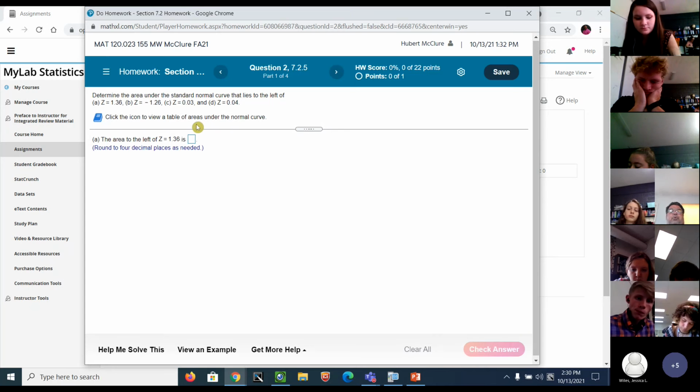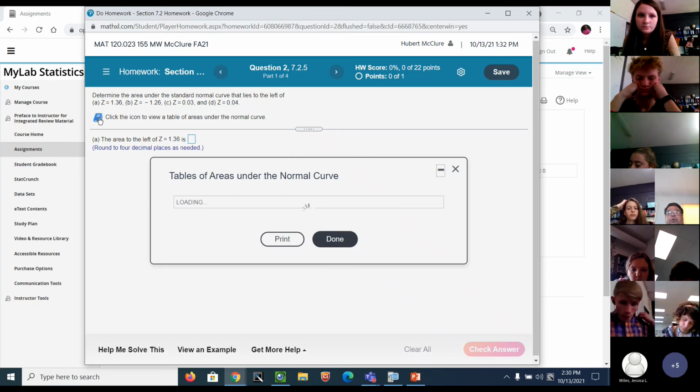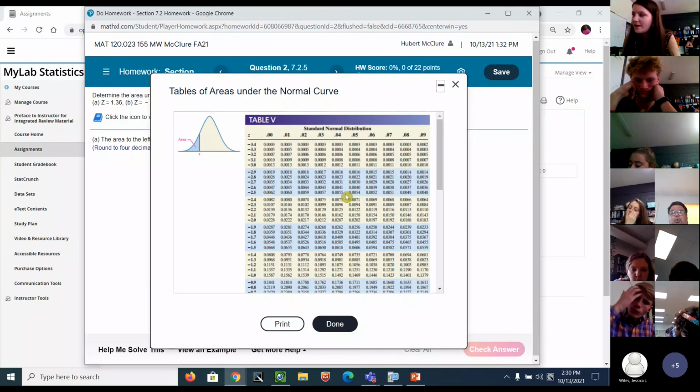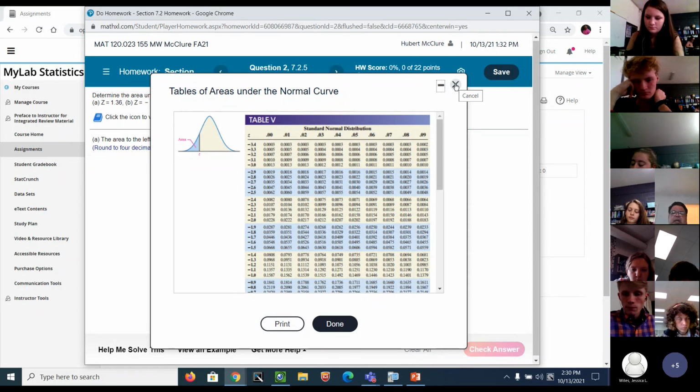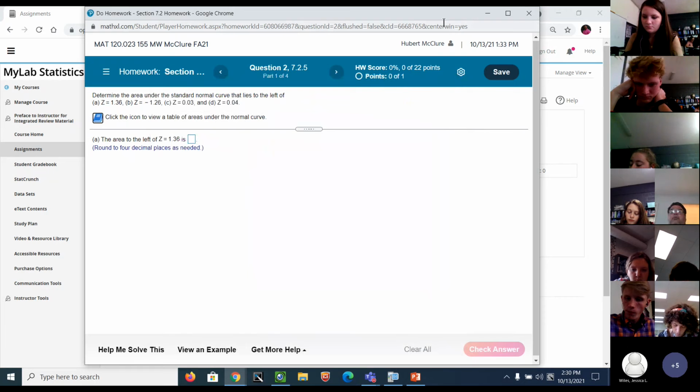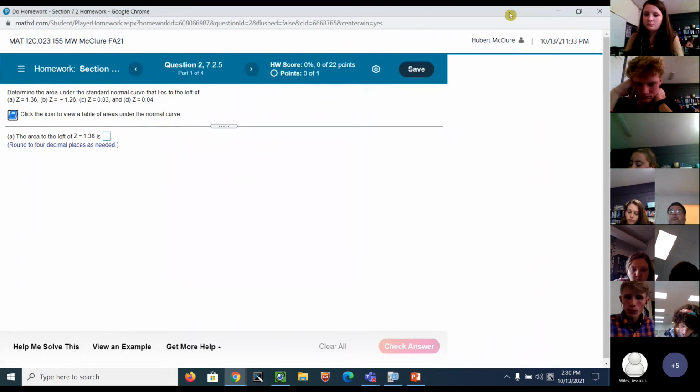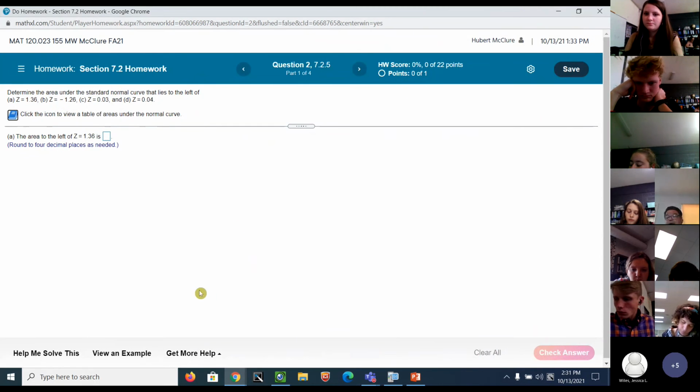This one's very simple. Now, let me tell you, these tables, that's the old way of doing it. I don't show that anymore because everybody uses the calculator, and I just don't see any need in showing it. So we're going to use the calculator. I'll write it down on the whiteboard so you can read my writing.